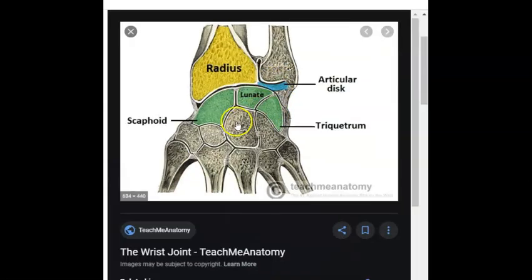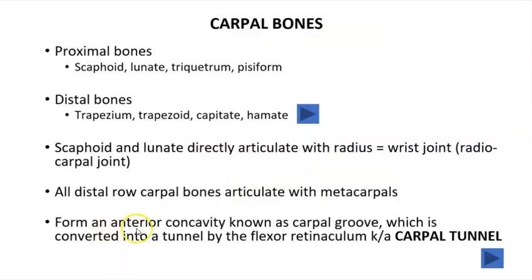But as compared to the proximal carpal bone, all of the distal carpal bone articulate with metacarpal bone ya. And it forms an anterior concavity known as the carpal groove, which is converted into a tunnel by the flexor retinaculum, and this structure is called the carpal tunnel.